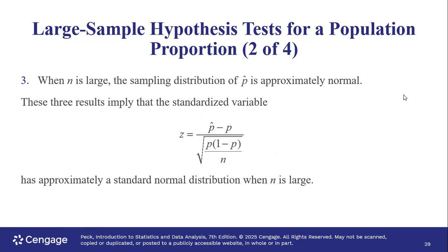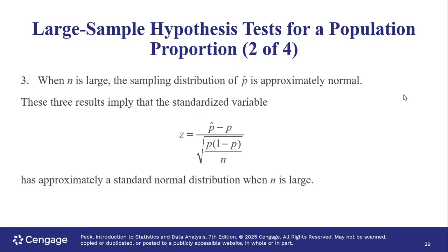Now we are going to calculate a test statistic, or the standardized variable, and it is given by z. Just like z is a standard normal variable, it tells by how many standard deviations the sample characteristic is away from the population parameter.